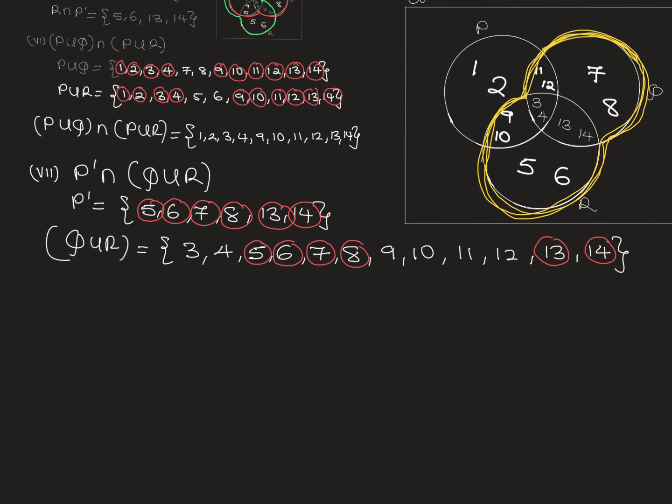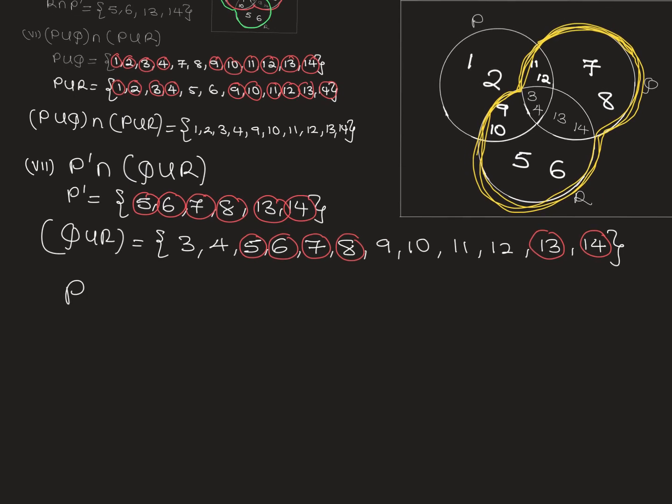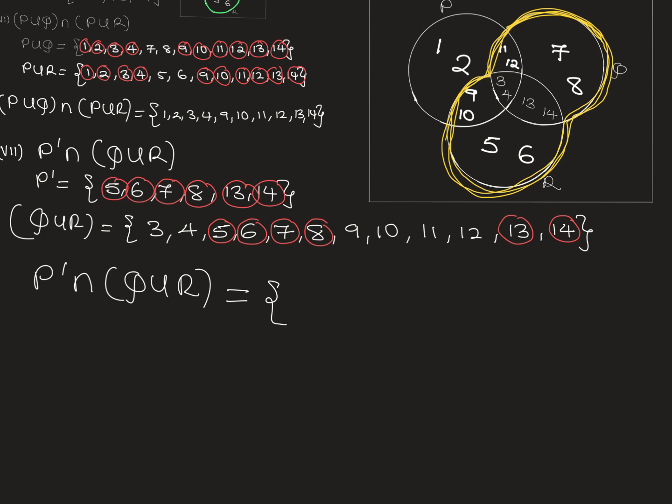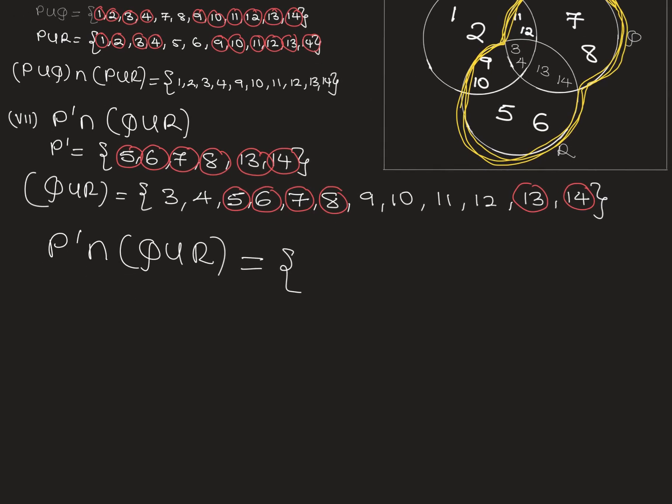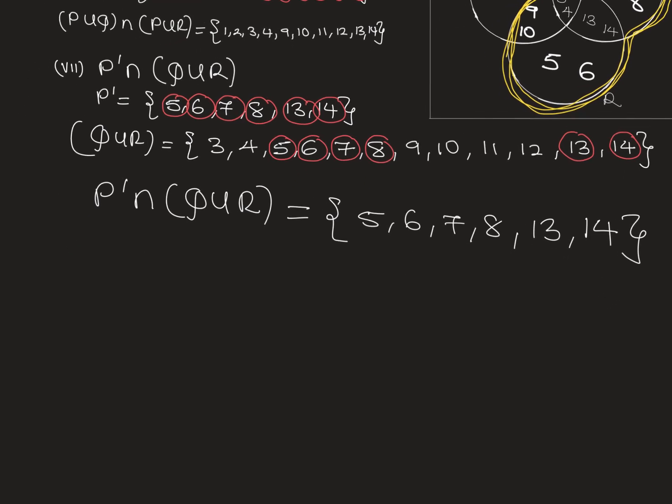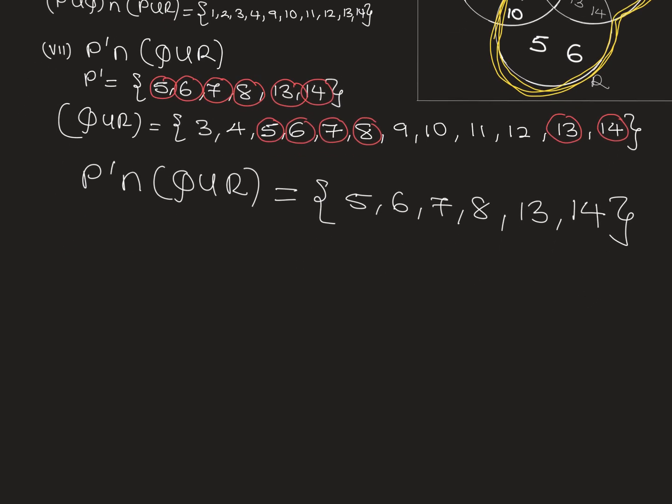To answer the question, P complement intersection Q union R is the same as just the members of P complement, right? That is 5, 6, 7, 8, 13, and 14.